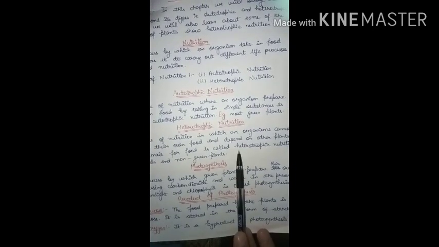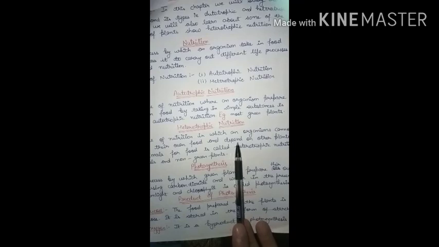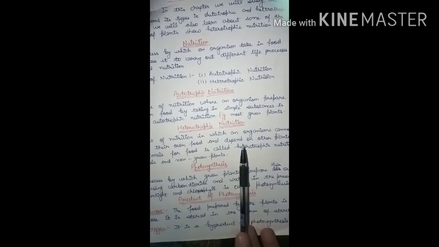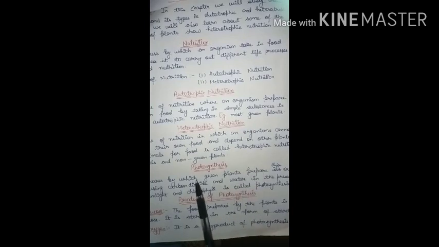So it is a process in which the green plant prepares its food. Now how do they prepare the food? To prepare their food they require carbon dioxide, water, and along with this they also require sunlight and chlorophyll. We will understand later on where they are present and how they obtain this.